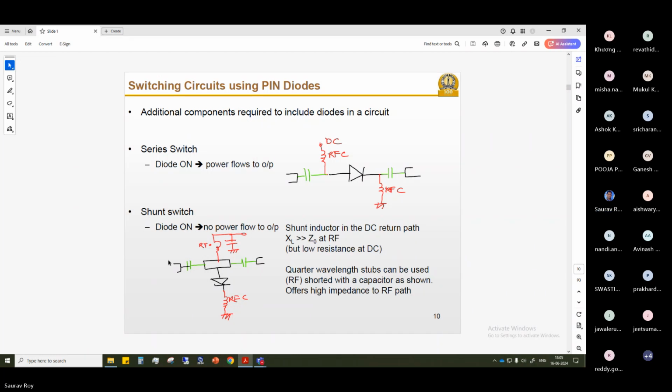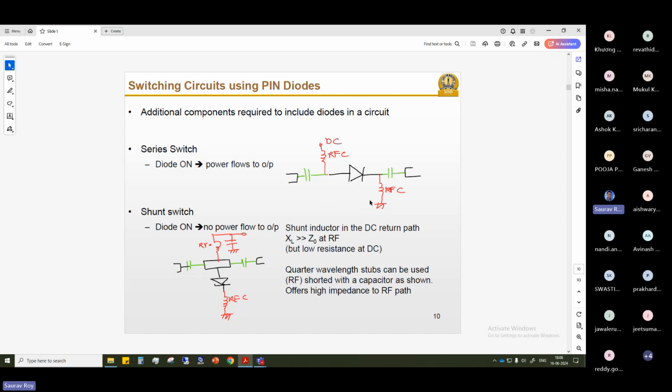In most actual applications, you generally need SPDT, or single pole double throw. But here, the most basic configuration possible out of a pin diode switch is a normal SPST switch. Just put one single pin diode, and it will give you either an on or off condition, right?